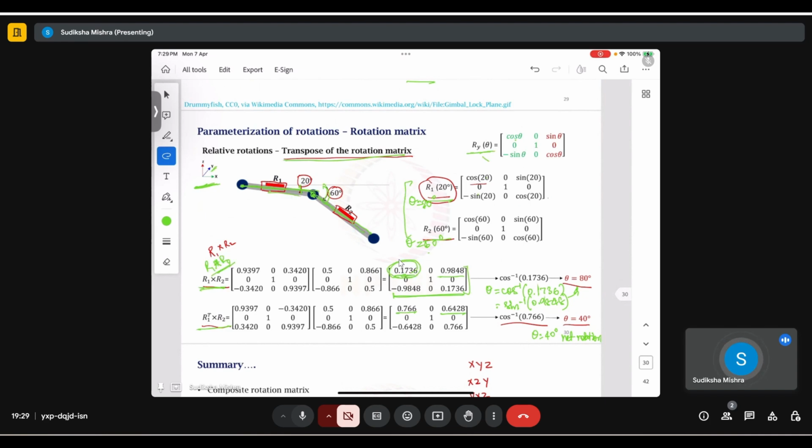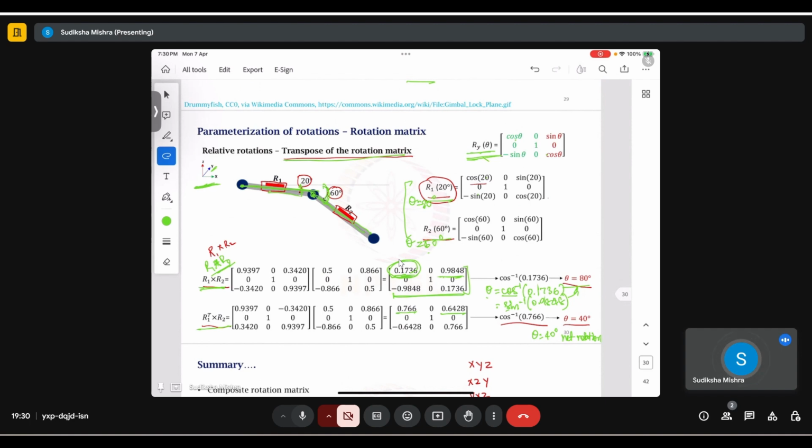If you compare it with the Ry theta matrix, you can see that theta is either cos inverse of this term or sine inverse of this term. If you use a calculator and calculate this, you will get theta is 80 degrees, which is the sum of these two.